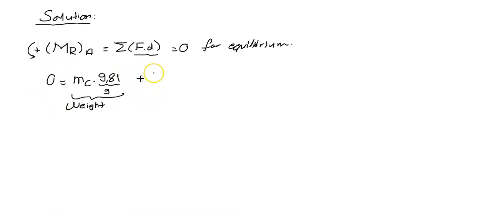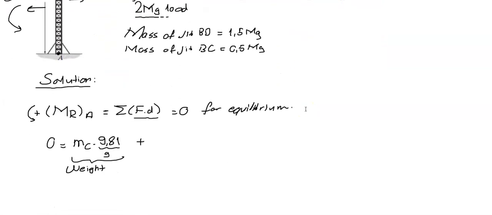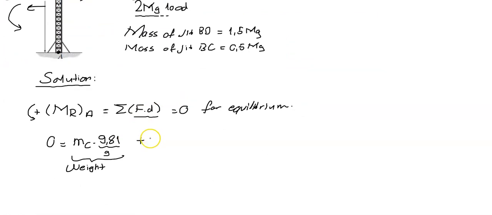We have the weight of the jib on the left hand side, so this jib is 0.5, so that would be equal to 500 times 9.81. So these are all masses, so we need to multiply all these mass values by gravitational acceleration to get weights. So times the moment arm r, this 4 here.